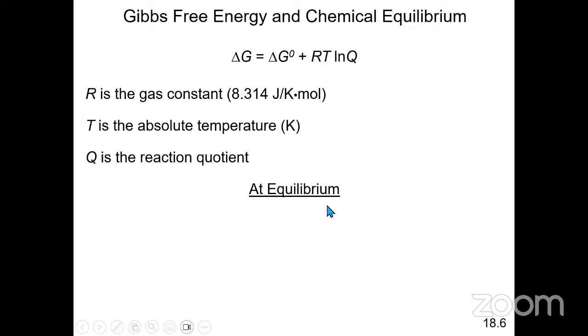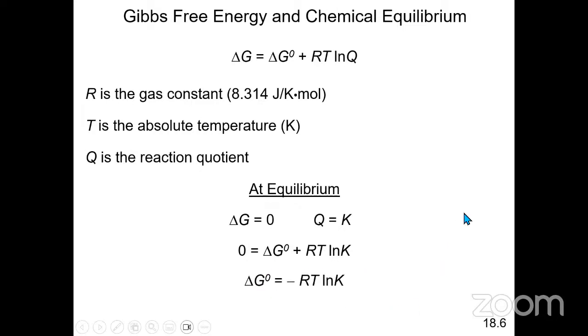Now, if the system is at equilibrium, then two things will come into play. The delta G value here would be equal to 0, and the Q value, as you should know from before, would be equal to K at equilibrium. So if we put 0 here and K here, this is what the equation becomes. 0 is equal to delta G standard plus RT ln K. And this equation gives you the relationship between the standard free energy and the equilibrium constant.